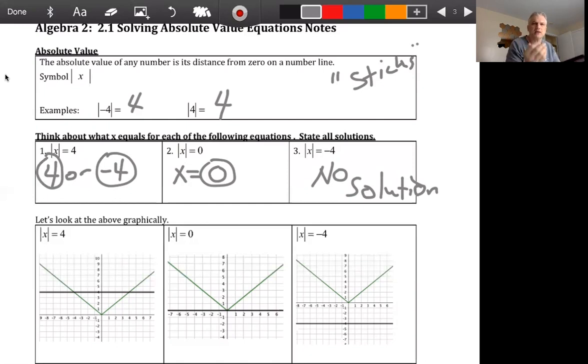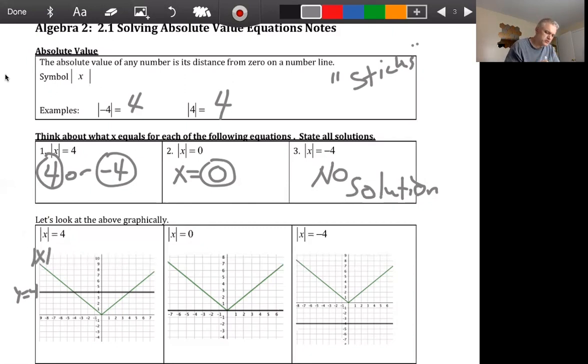So now let's look at these and make sense of them graphically. If you had a graphing calculator and you put in the absolute value of x under y1 and you put 4 for y2, you would get this graph. This here is the line y equals 4, a nice horizontal line through the y-axis at 4. And then you have the parent function y equals absolute value of x.